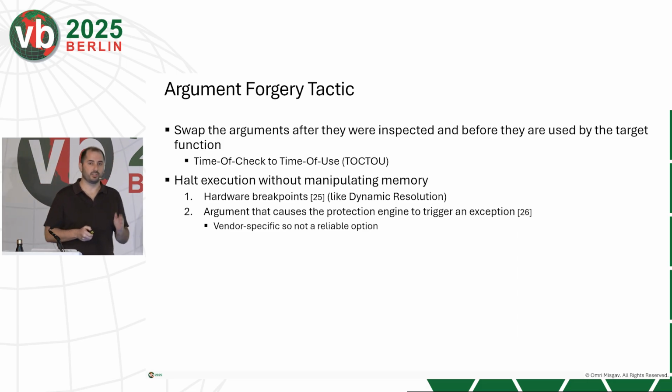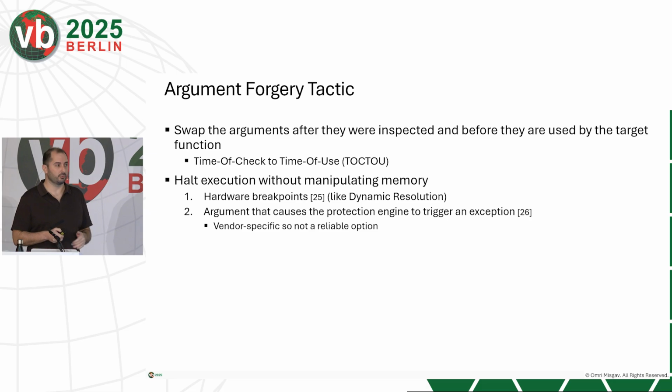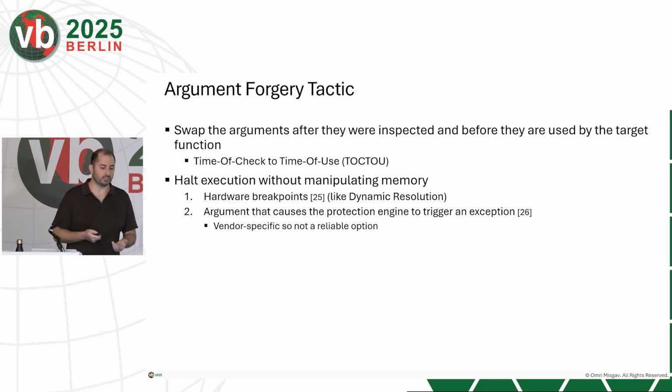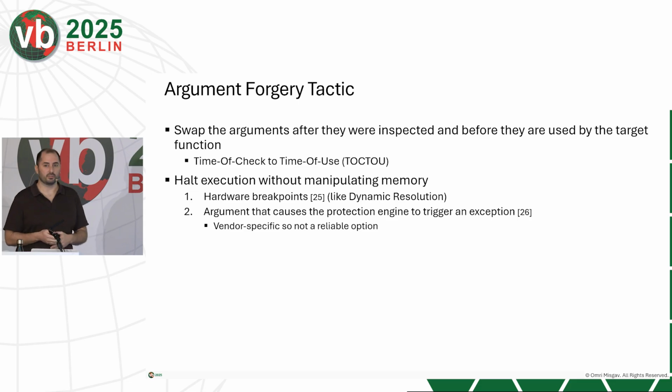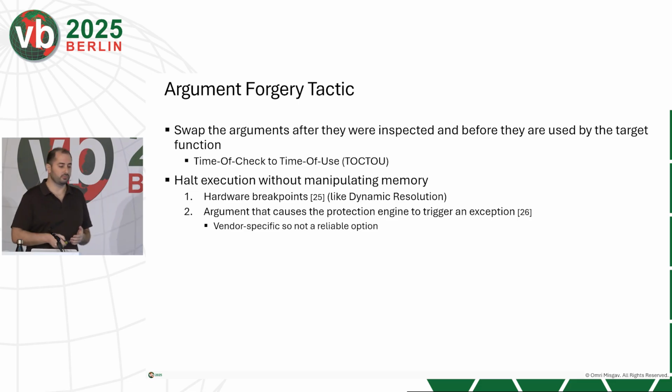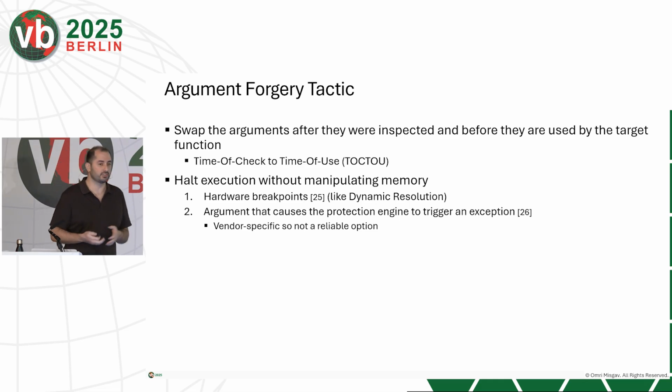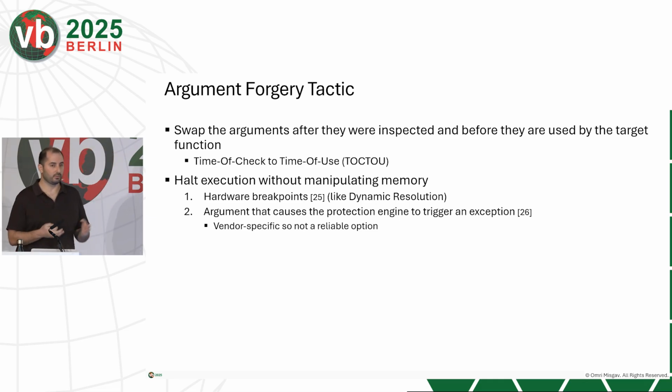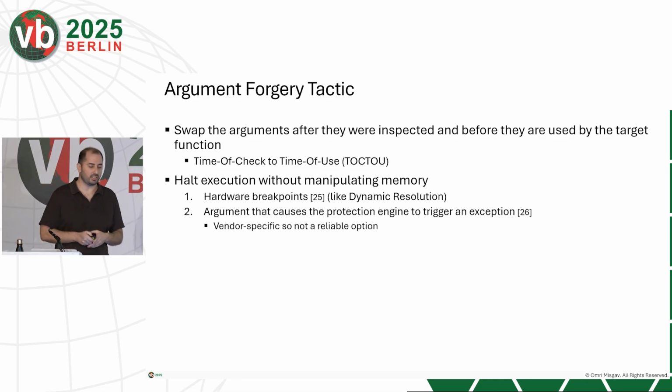But he will give the protection engine false values, so the detection logic won't pick up on its operation. But later on, they will swap them for the real malicious values. So this is basically a time of check, time of use issue, which is a popular, very well-known vulnerability type.